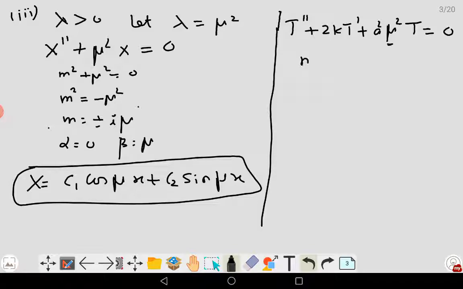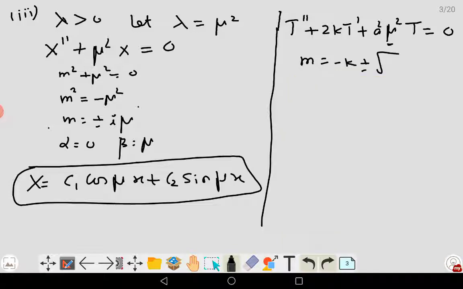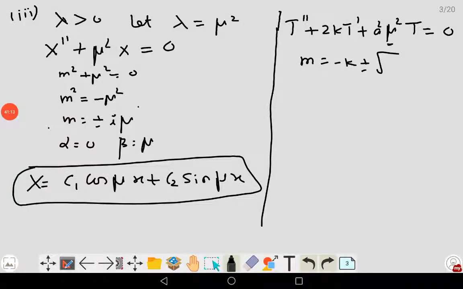Just like the previous step, we will find m, which is minus k plus or minus square root of k square minus alpha square mu square.